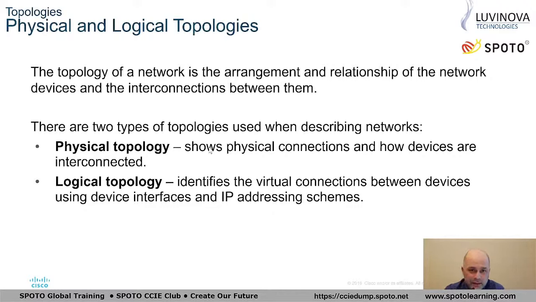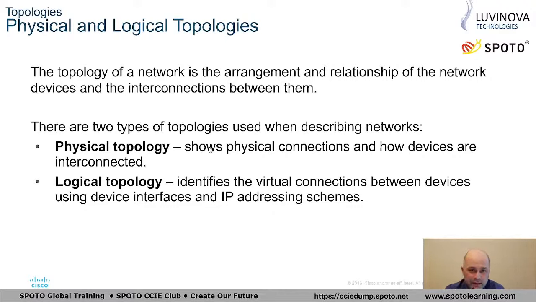Logical topology identifies the virtual connection between devices using device interfaces and their IP addresses. You can remember the schema we saw earlier in the slides, which gives the interfaces, the abbreviation of the interface, for example FA0 for the router, and the IP address of the entire network.